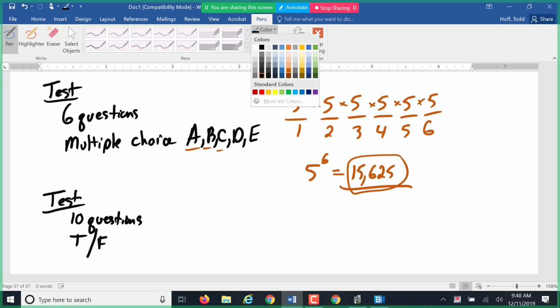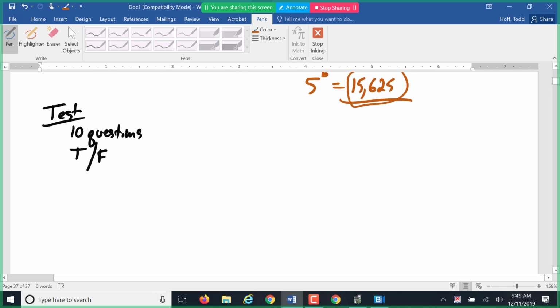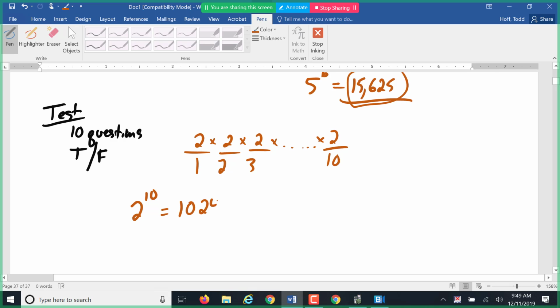So now for each of those, rather than drawing this out with 10 questions, I know that each of those questions has two possibilities. So it's going to be 2 times 2 times 2 times 2 times 2 all the way up to question 10. So that's going to be 2 to the power of 10, or 1,024 possible combinations of answers on that test.